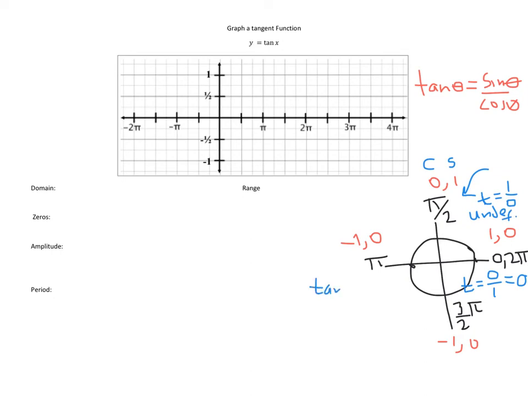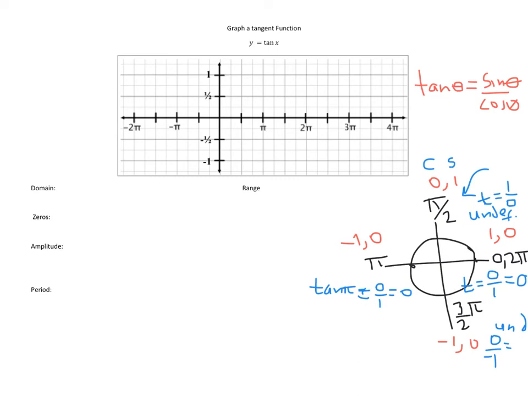Tan of pi is going to be given by 0 divided by 1, which is 0. And finally, this one is going to be 0 over negative 1, which is going to be undefined.